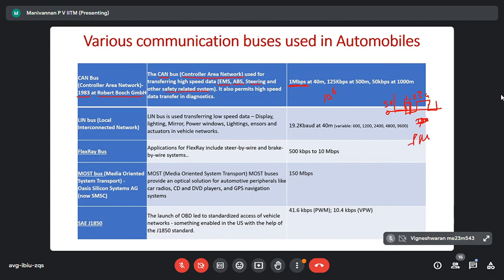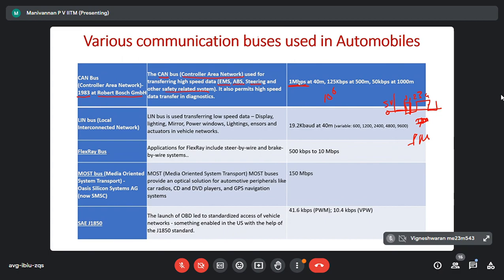The highest possible transmission rate of CAN bus when it was introduced in 1983-85 was 1 megabit per second. That itself is very high speed. At that time, MOST bus was not there, FlexRay was not there, USB was not there. All these things were not there.